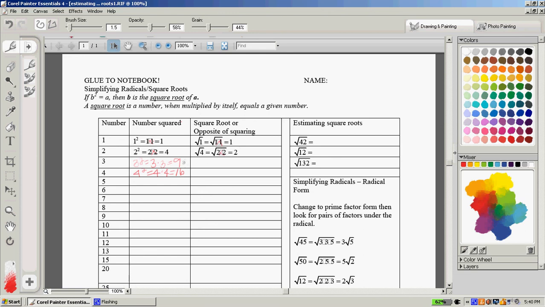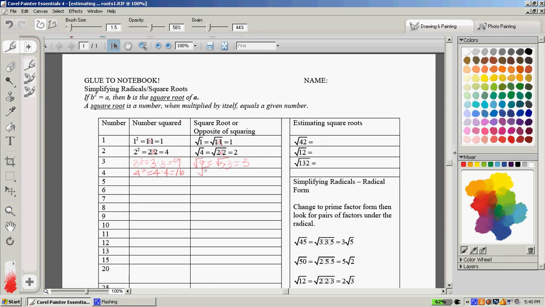Okay, you're going to do the same thing here. You're going to take this 9 right here. If you ever saw the square root of 9, you would know that it's the square root of 3 times 3, and since it's the square root of 3 times 3, the square root of 9 is 3, because 3 times 3 gives you 9 under the radical.